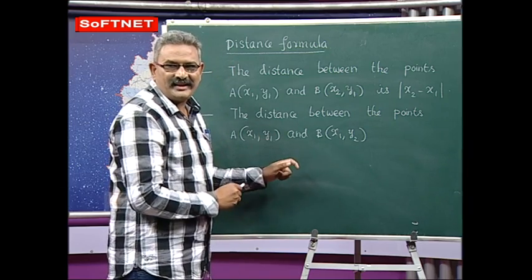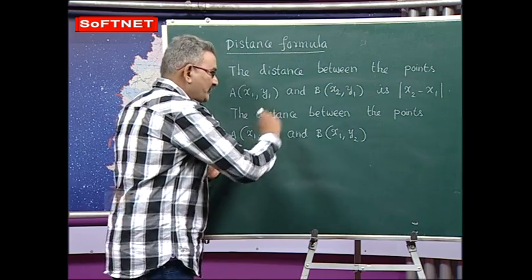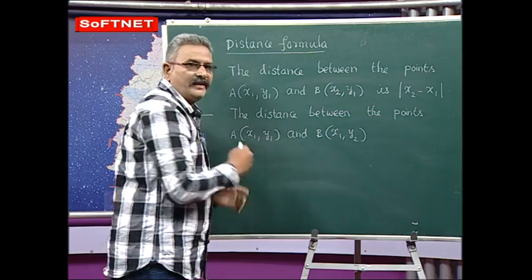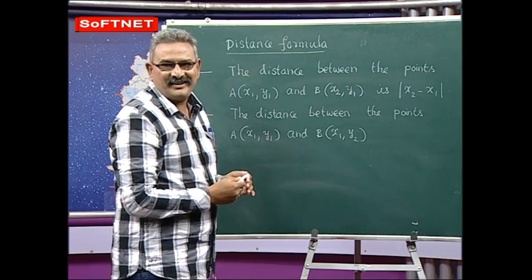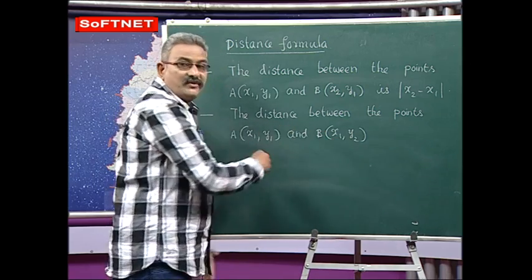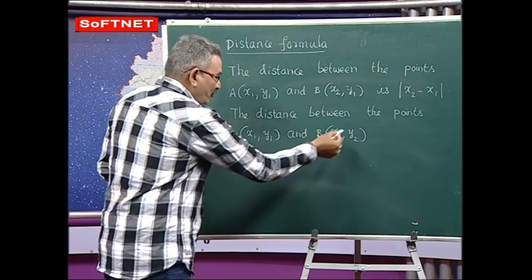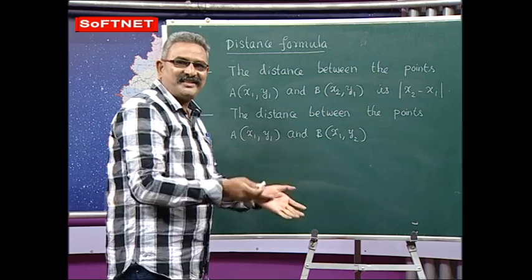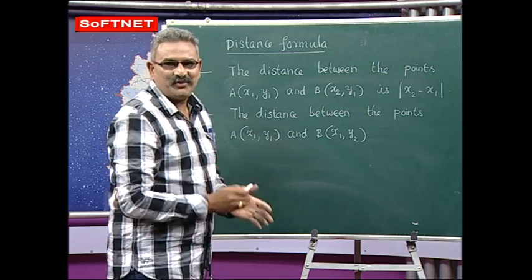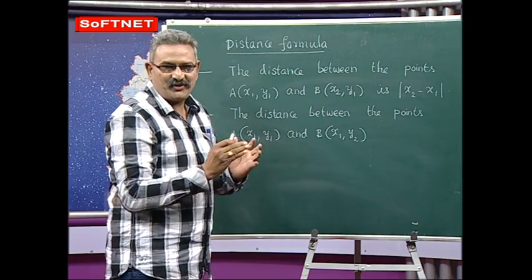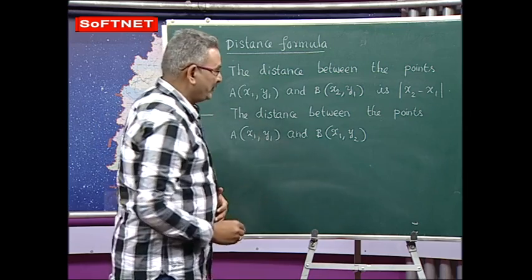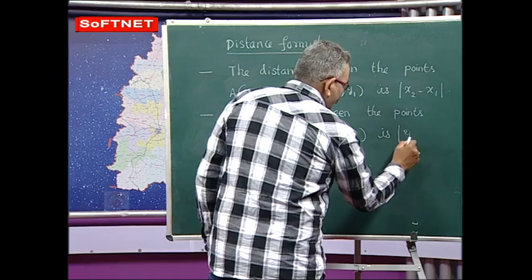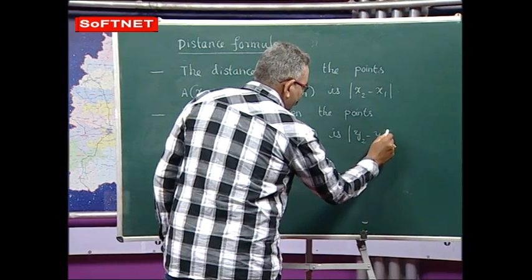So in this case the distance between these 2 points is the modulus of the difference of the y coordinates, y2 minus y1. Since distance is measured in the positive sense, we have to consider the absolute value or modulus. So that is modulus of y2 minus y1.